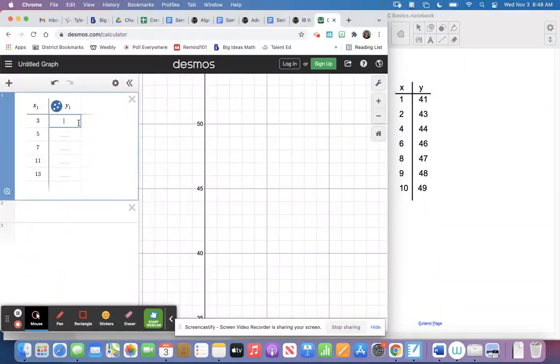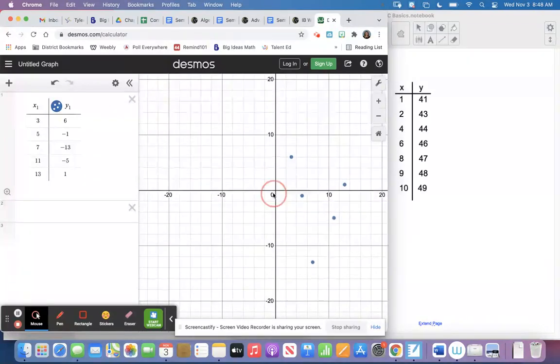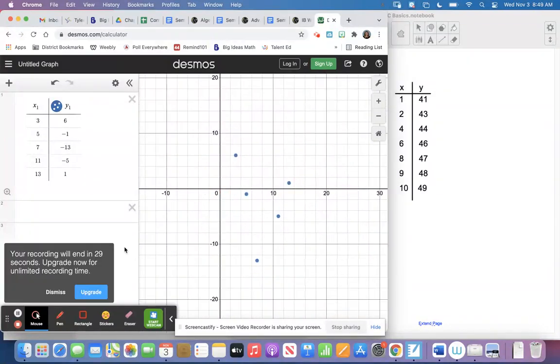And then let's go 6, -1, -13, -5, and 1. Let's just hit the home button, and then I can zoom a little bit. So here are my points.